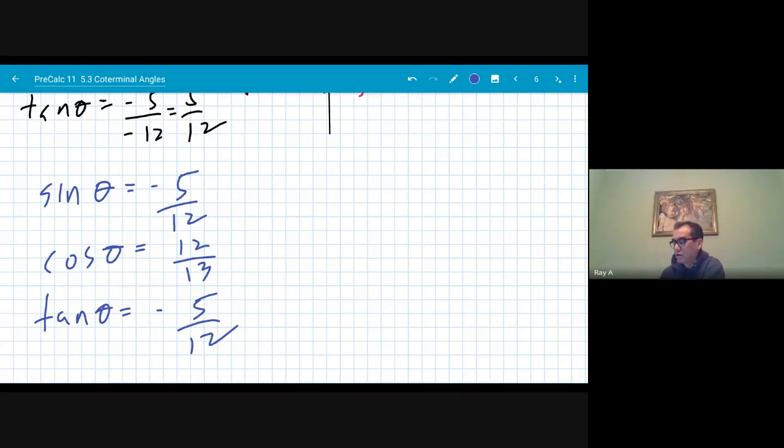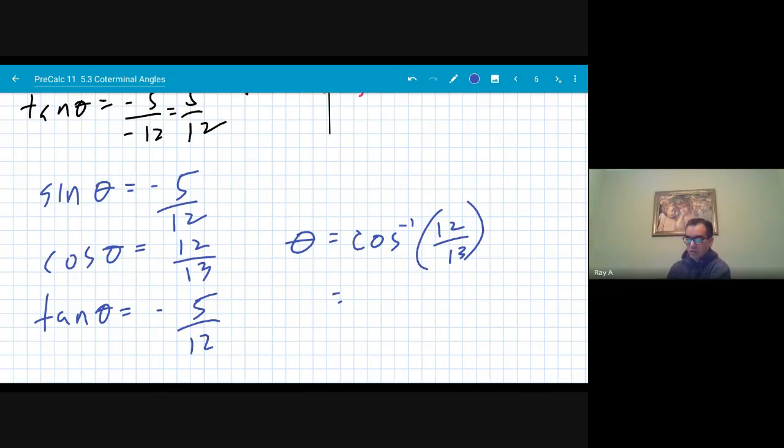Let's try cosine inverse of 12 over 13. If you do cosine inverse of 12 over 13, that would give you a reference angle. That would be 23 degrees. This is the reference angle.